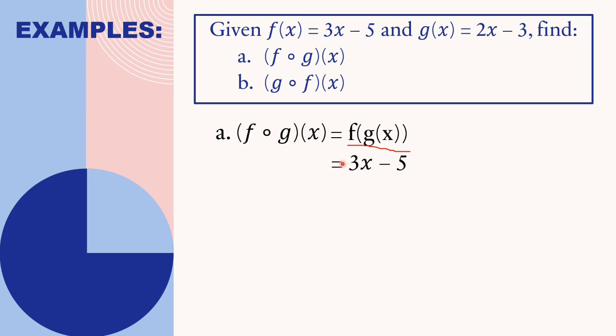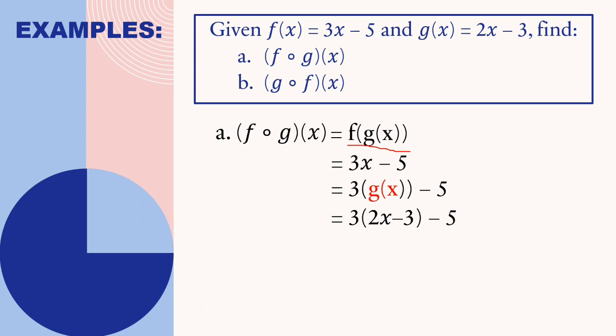So that is equal to 3x minus 5 here. Then, variable x here, substitute with the function g of x. So we have here 3 times the quantity of g of x minus 5. So what is g of x? Okay, so we have 2x minus 3. Okay, so we have here 3 times the quantity of 2x minus 3 minus 5.